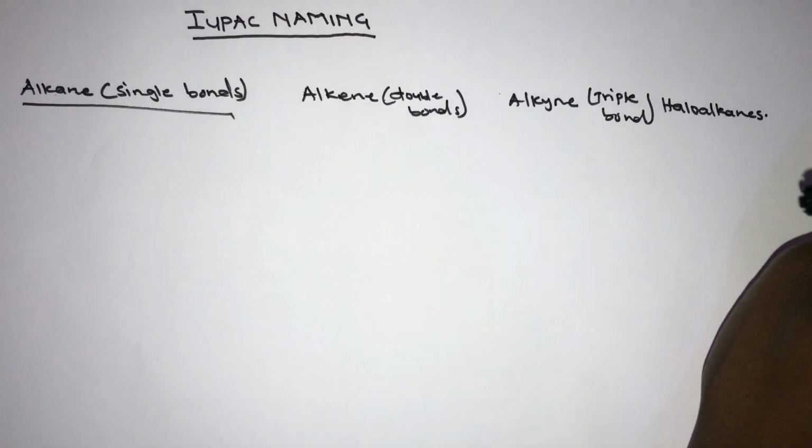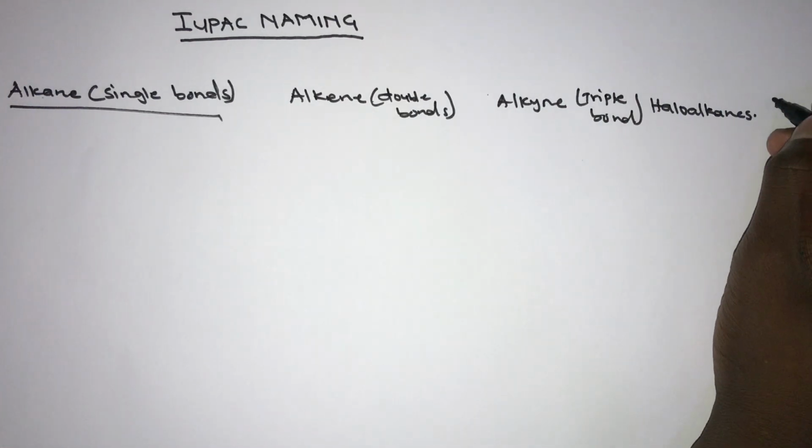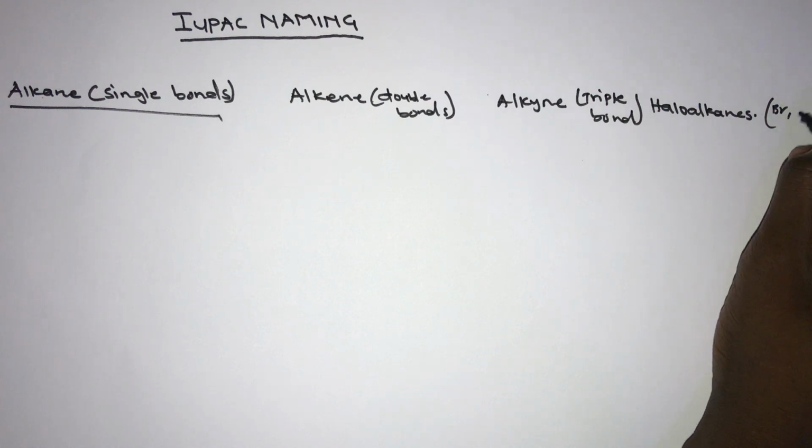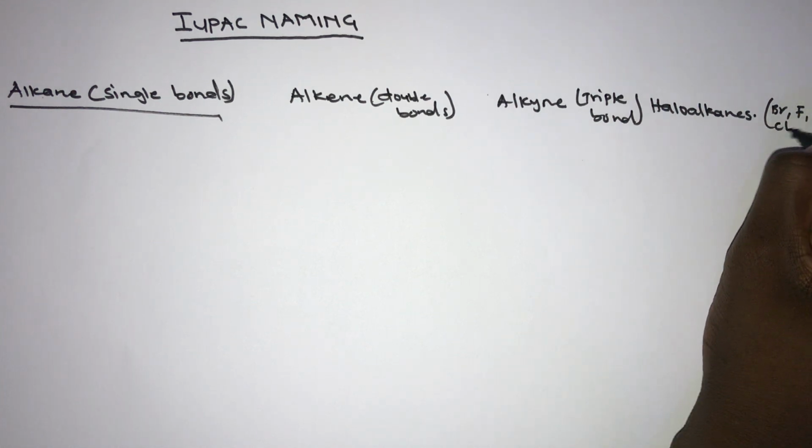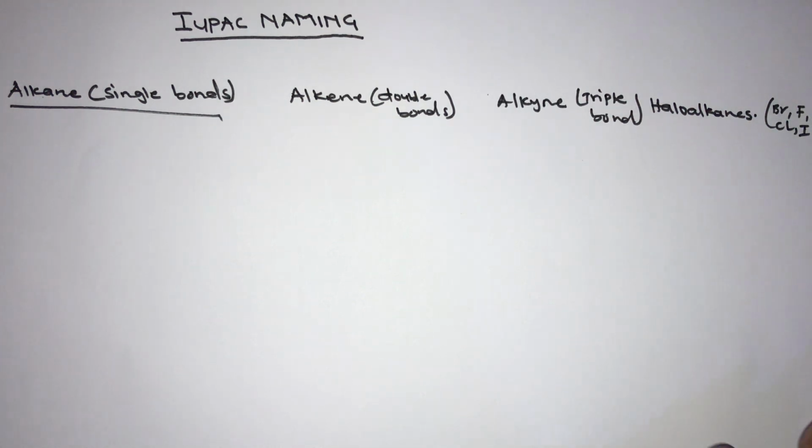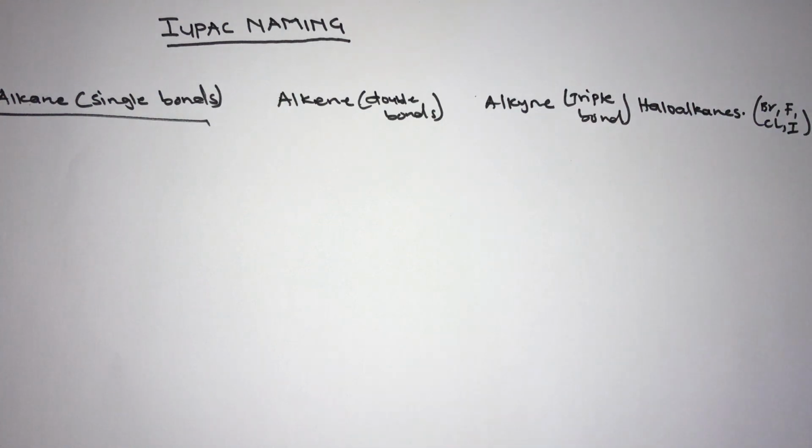So here on haloalkanes, this is where we have bromine as a haloalkane, fluorine as a haloalkane, chlorine, and iodine. So we have these four as our haloalkanes.